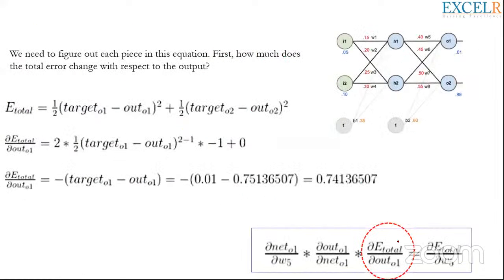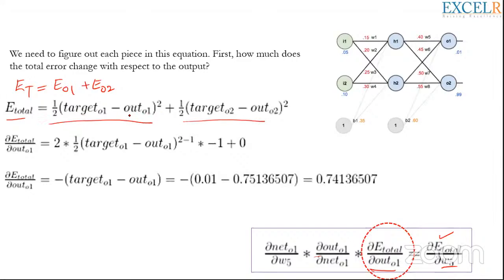So this is what we're trying to solve with the chain rule: we want to identify the rate of change in the error with respect to W5. These are the components we have to compute. First, dou E total by dou out 1. E total is E01 plus E02. This is my E01 and this is my E02.